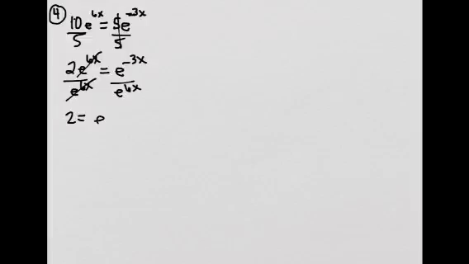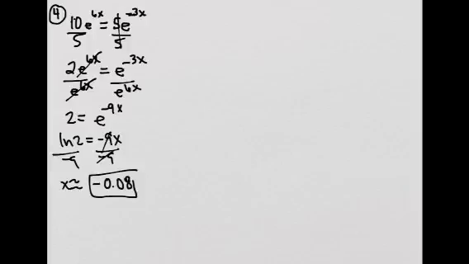So this is e to the negative 9x. Okay, so natural log of 2 equals negative 9x, divided by negative 9. And x is approximately, if we round it to 2 decimal places, this is what you get, because it's negative 0.077. So that second 7 makes this number go up to an 8.